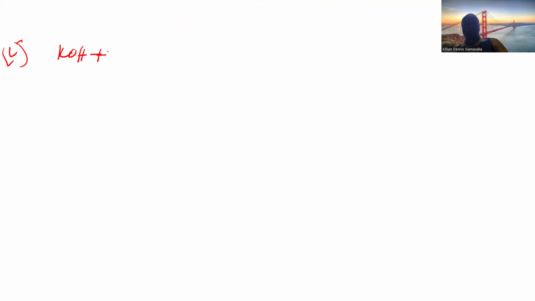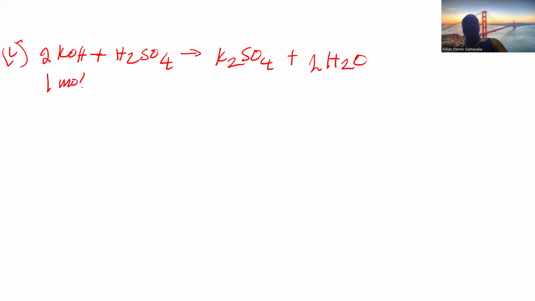Potassium hydroxide plus sulfuric acid gives you potassium sulfate plus water. Note that this equation is now balanced, so it is 2 moles of potassium hydroxide, 1 mole of sulfuric acid, 1 mole of potassium sulfate, and you have 2 moles of water.